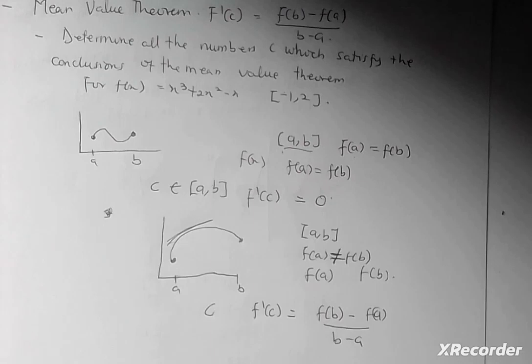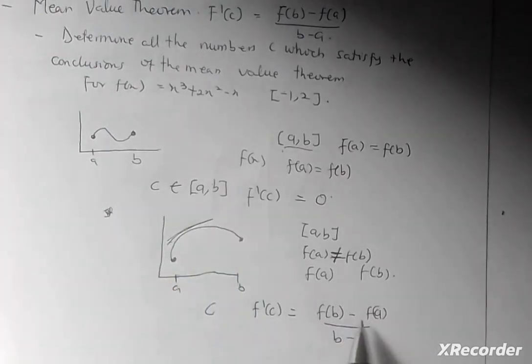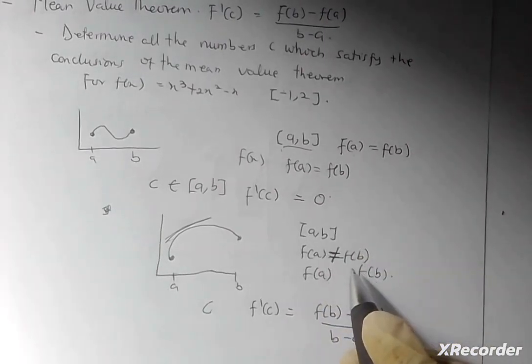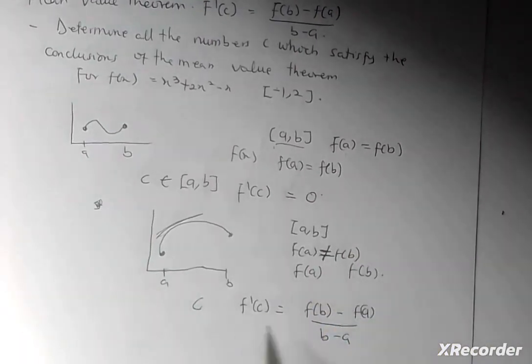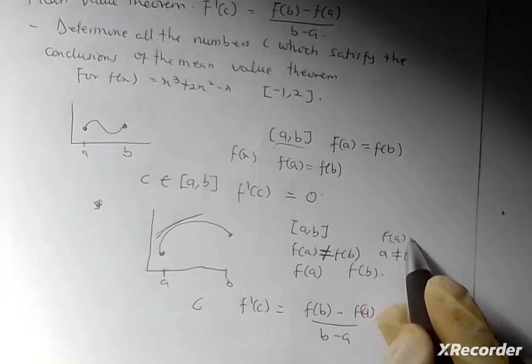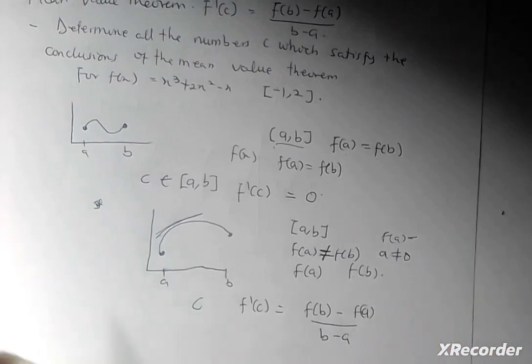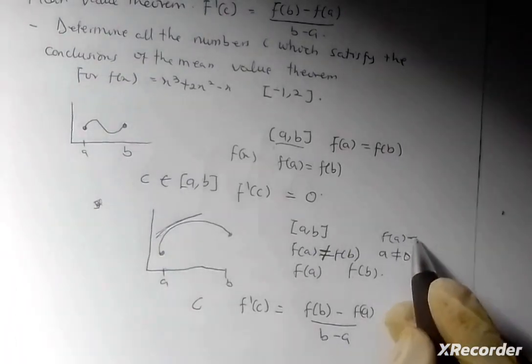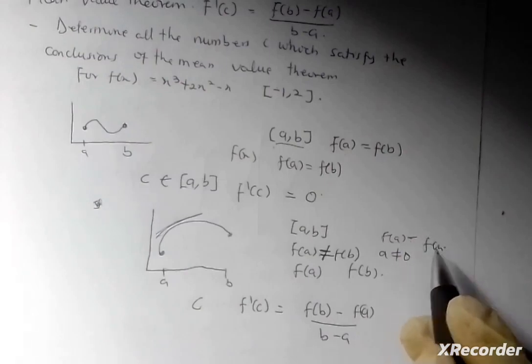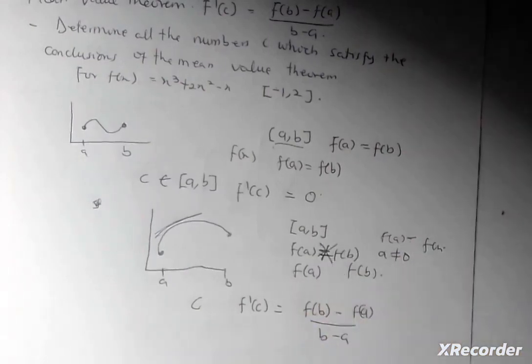So you can see clearly that if your f(a) is equal to your f(b), then you get Rolle's theorem. Here it doesn't necessarily mean a should be equal to 0, rather f(a), if it happens to be equal to f(b), we get Rolle's theorem. But normally f(a) is always different from f(b).